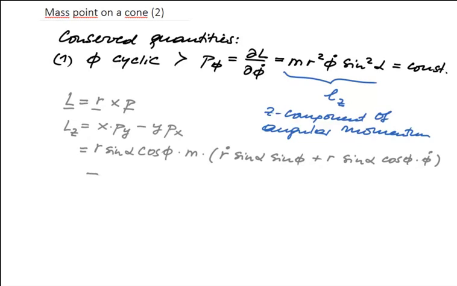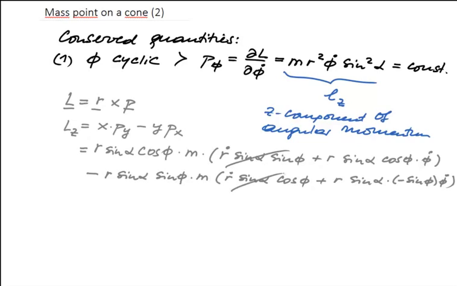And from this we subtract y times p_x. Y is, according to the coordinate transformation, r sine alpha sine phi, times the x component of momentum, which is mass times x dot. X dot is r dot sine alpha cosine phi plus r sine alpha, and then we have the time derivative of the cosine phi, which is minus sine phi phi dot.